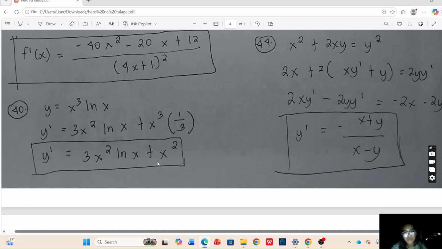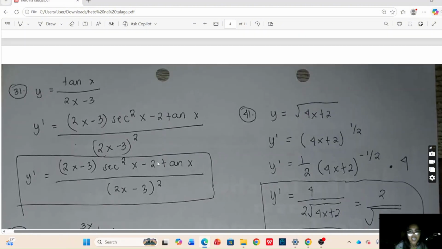First, let's differentiate the natural logarithm of x to obtain 1 over x, and then substitute into the product rule formula, then simplify. So that's why we have the answer 3x squared natural logarithm of x plus x squared.